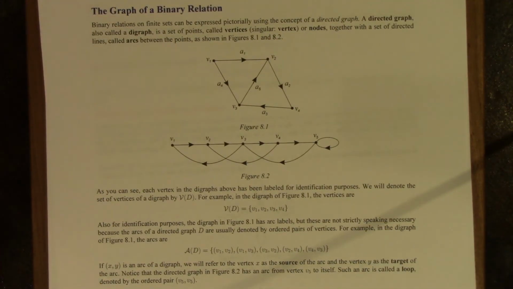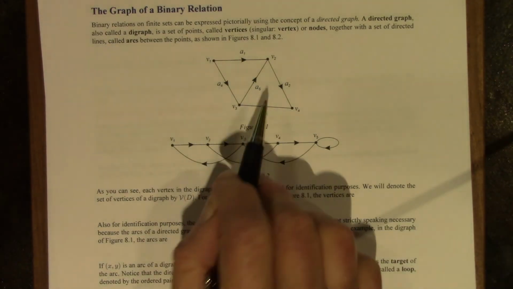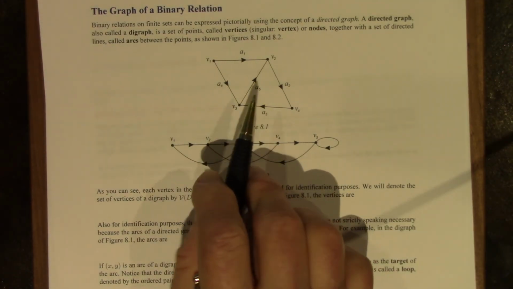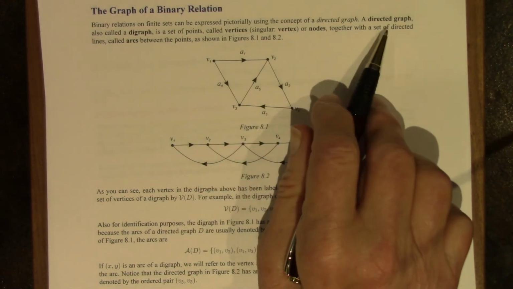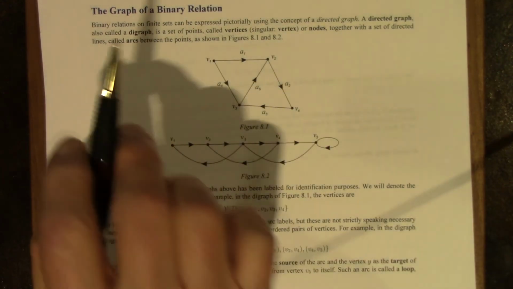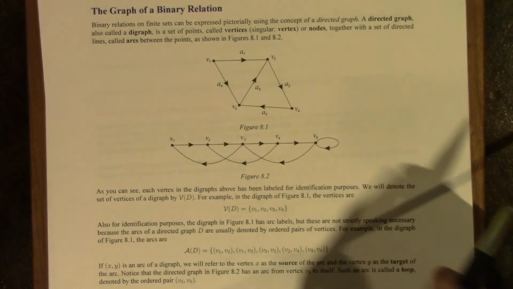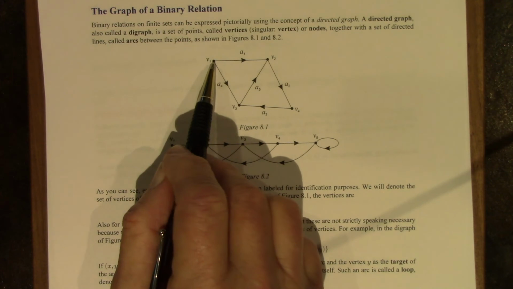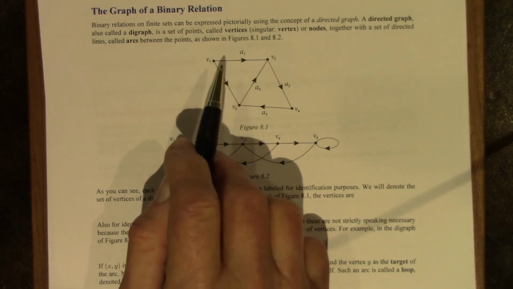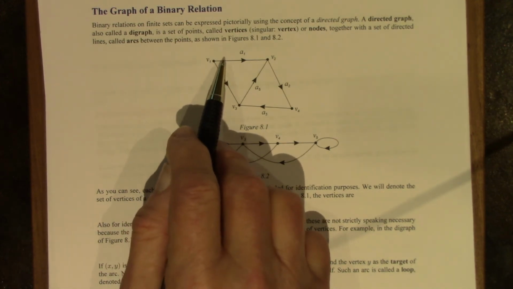Binary relations on finite sets can be expressed with pictures using the concept of a directed graph, sometimes called a digraph. That consists of a set of points, which are called vertices or nodes.